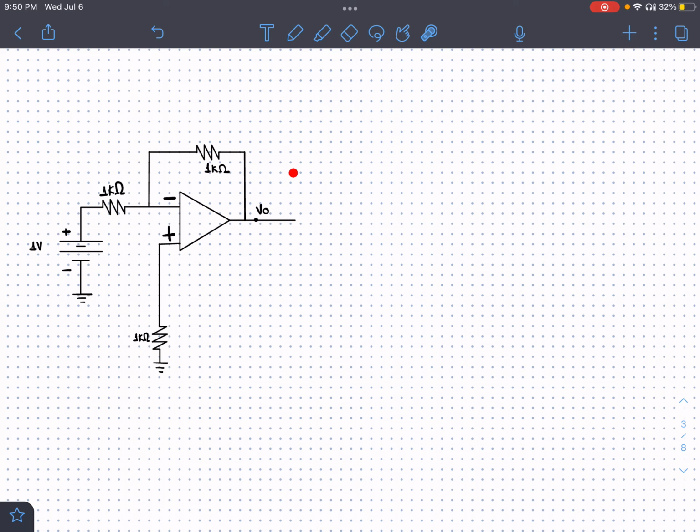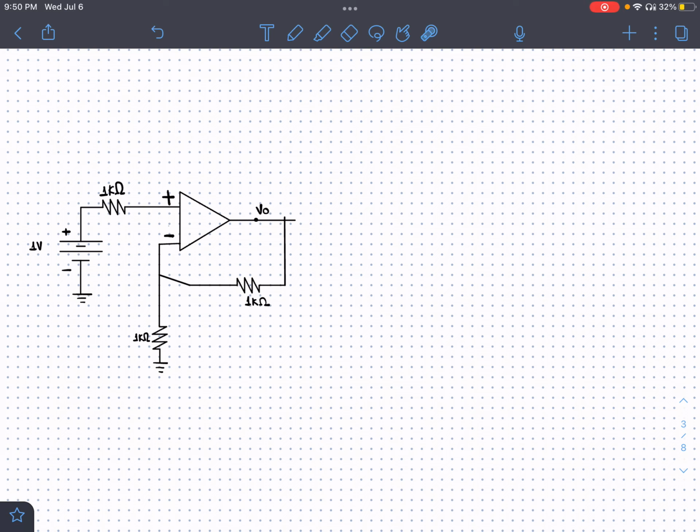If we want to transform this op-amp into a non-inverting one, I would take the feedback loop, put it on the side, change the polarity so that the voltage source is connected to the positive pin, and put the feedback loop over here, connected to the negative pin. I can delete this. So this would be a non-inverting op-amp.